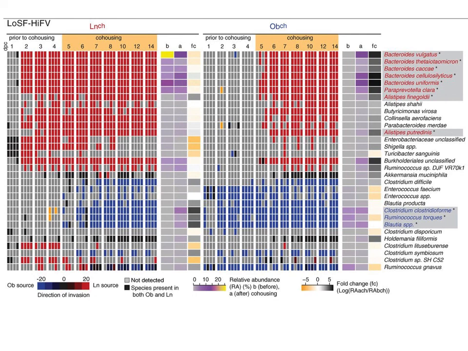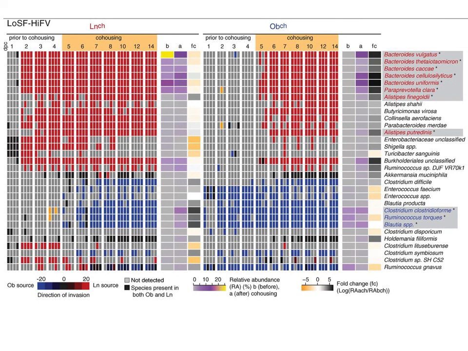And what that means, if you look to the right, it means that the lean mice had lots of these bacteria sort of in the top half of this chart. And the obese mice, they have lots of blue, right? And so they have lots of these bacteria that are in the bottom half of this table. Once you put them together, look what happens, okay?